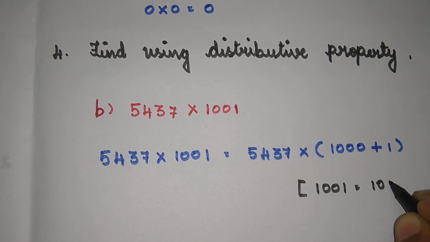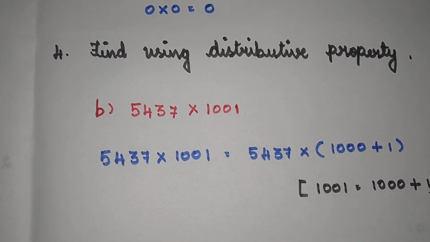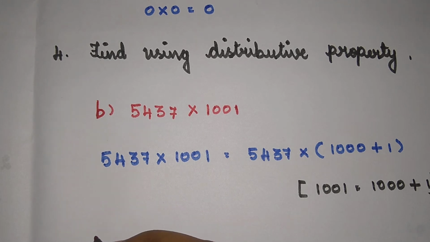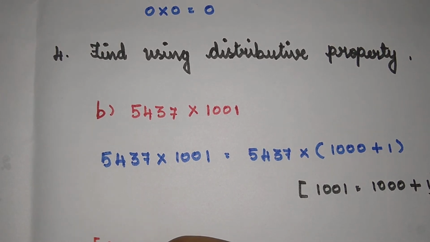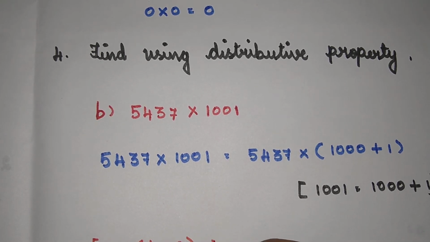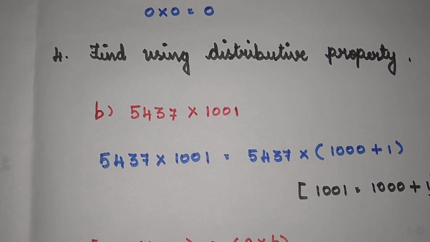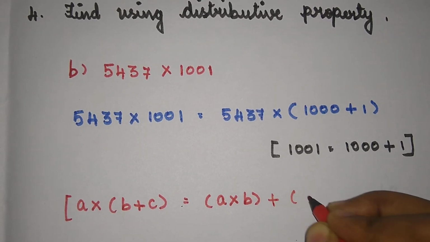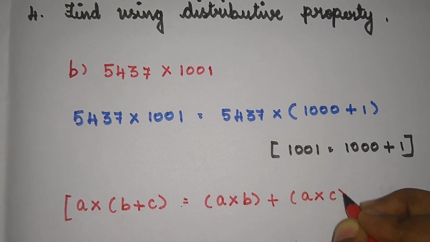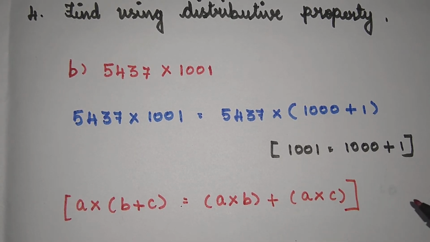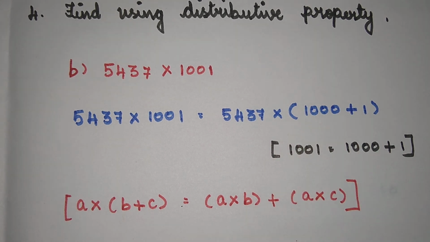Next, we have to apply the distributive property. What is the formula of distributive property? A into (B plus C) equals A into B plus A into C.